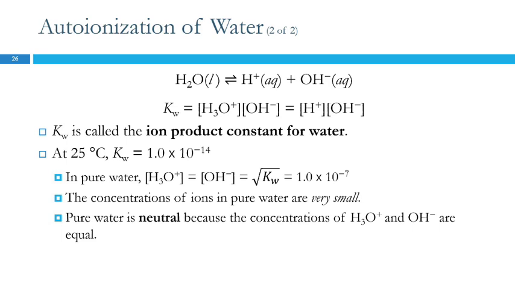And so we could figure out the concentration by taking the square root of Kw. Concentration is 1 times 10 to the minus 7. So the concentration of the ions in pure water is very small, 0.0000001. Water is not acidic or basic, it's neutral because those concentrations are equal.